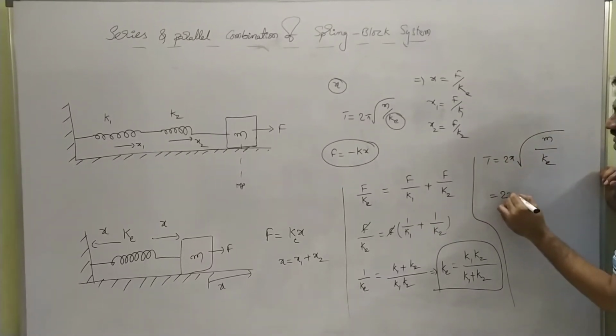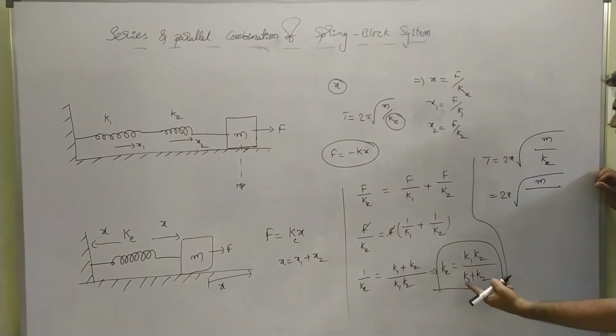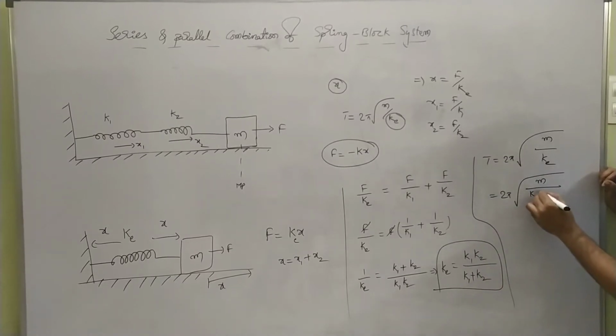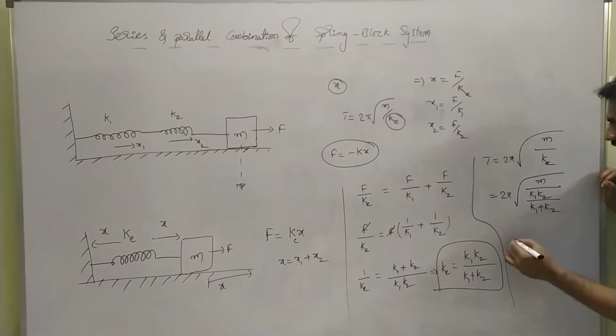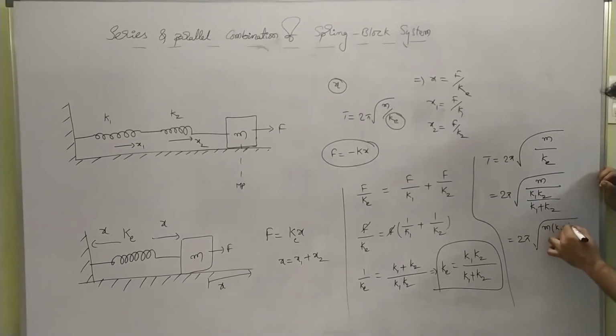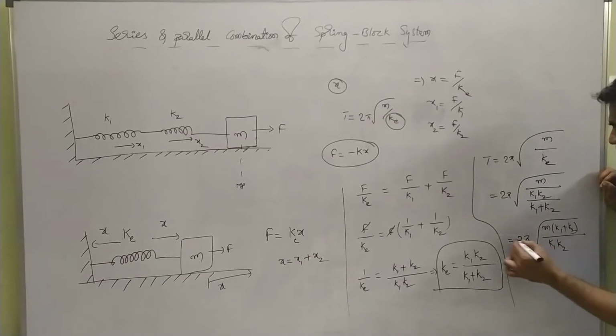Then, here we can represent it as 2 pi into under root of m by k suffix e. Observe that the value of k suffix e is k1 k2 by k1 plus k2. So, here we can represent it as k1 k2 by k1 plus k2. Then we can represent this equation as 2 pi into under root of m into k1 plus k2 by k1 into k2.